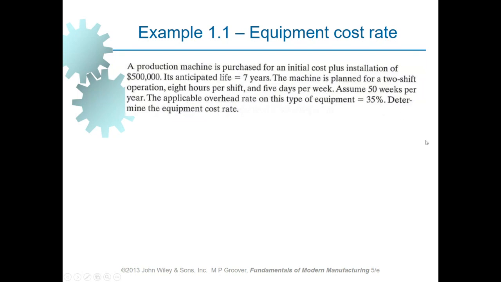Assuming that there will be 50 working weeks in a year, and assuming that the applicable overhead rate for this equipment is 35% of the initial purchase price, that is 35% of the $500,000, we are to determine the equipment cost rate. What do we do?